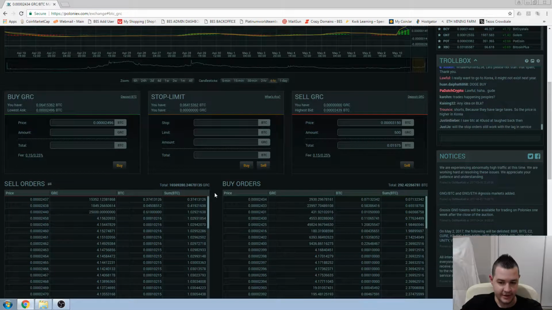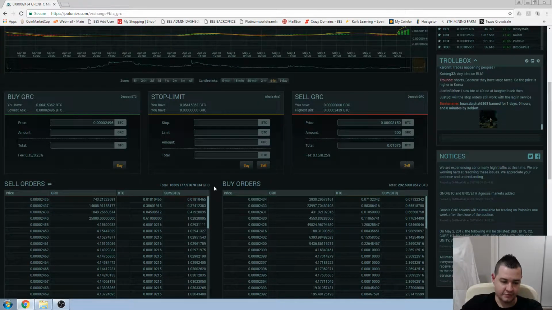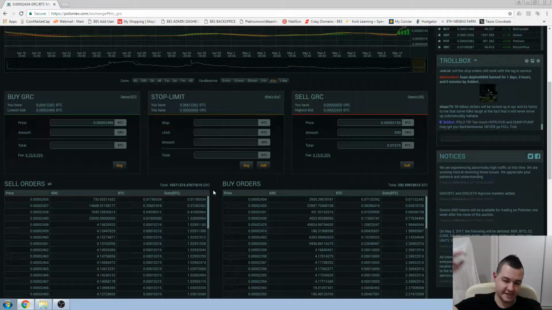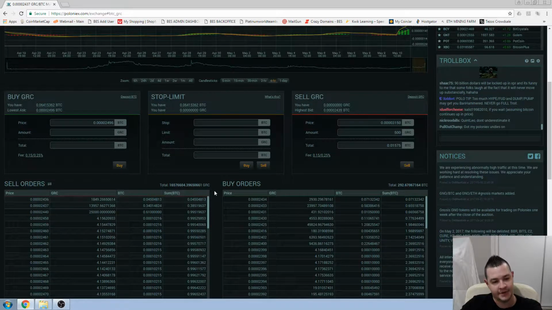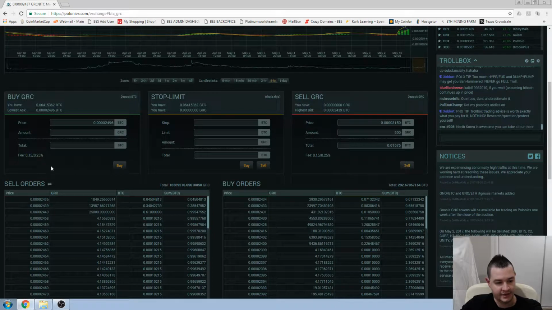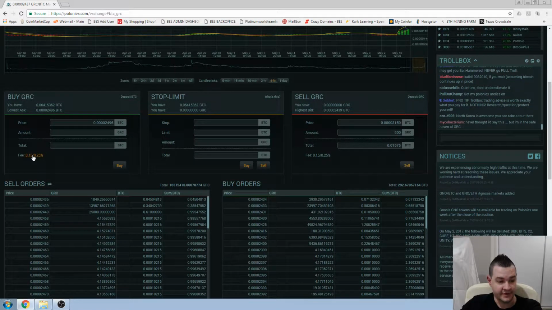Now, in that regard, if you're setting a higher sell order than what price is currently at, okay, you'll be paying a 0.15% fee on that. And the same with the buy order.